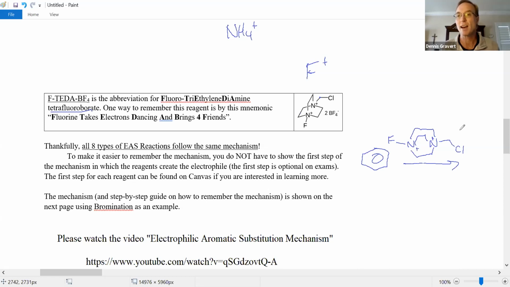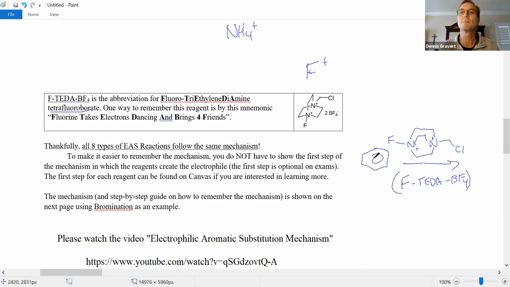So if I just drew that, you go, Dennis, what the heck is that? I can barely draw this. See these squiggle marks. Oh, wait, is that an ethyl group, an ethyl, an ethyl? Oh, wait, there's a fluorine here. This is F, whoops, that's supposed to be a T. Theta BF4.